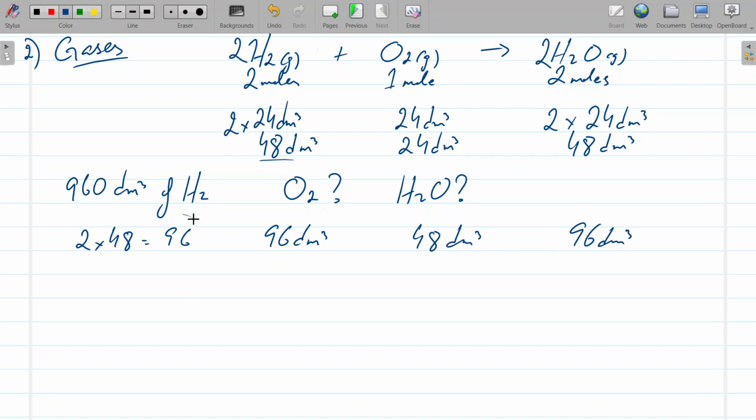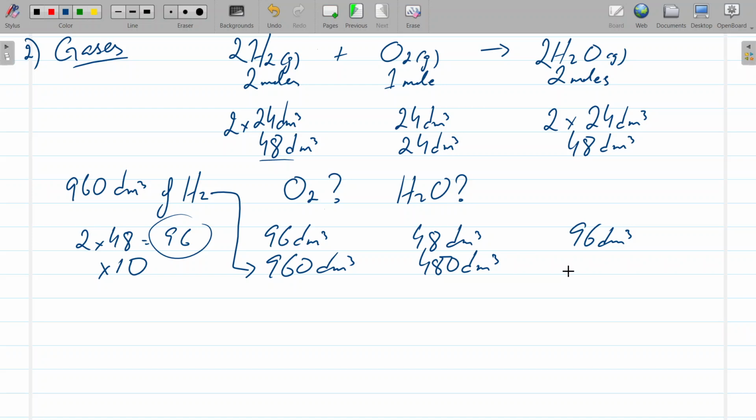Then you multiply this by 10, and that gives you 960 decimeter cube of hydrogen, which is what you have. And you similarly scale all of these up by a factor of 10 as well. So you're getting 480 decimeter cube of oxygen.